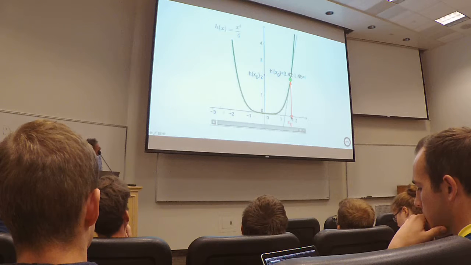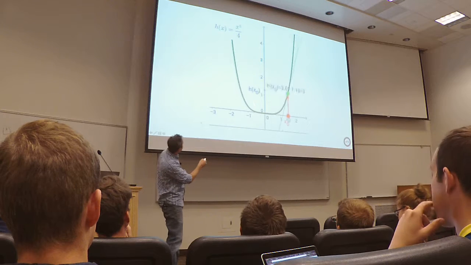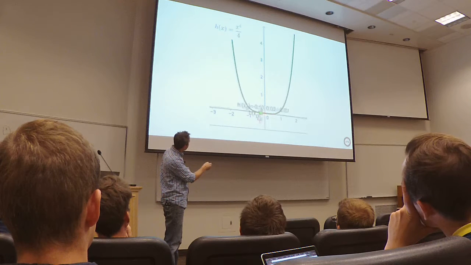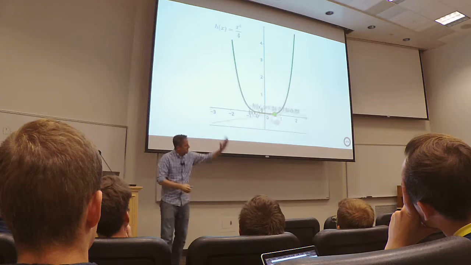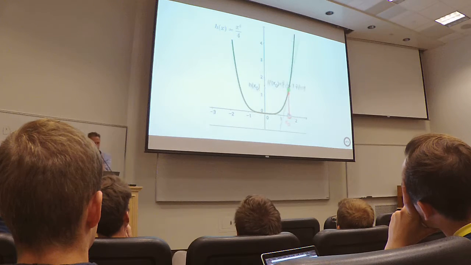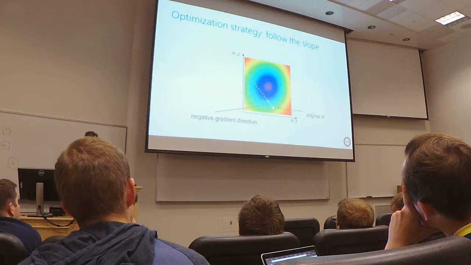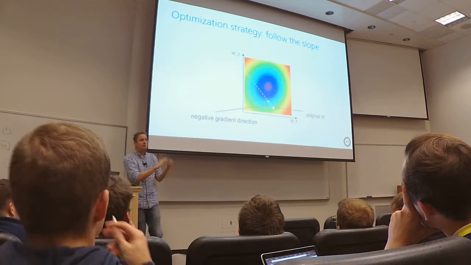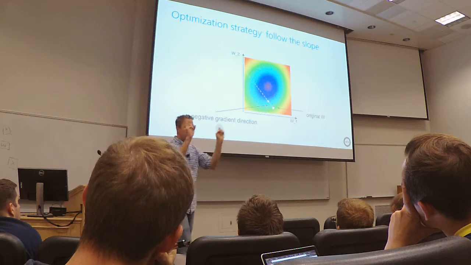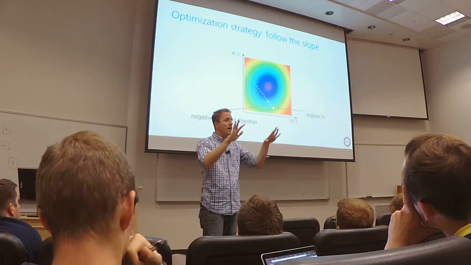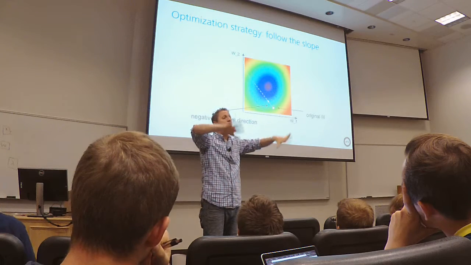So this is showing some random function, x to the fourth over 4. And this is showing what happens to the derivative as I move x around. You can see that this is the slope of the function at any point. And here's the same sort of thing except in 2 dimensions. Now imagine that we have a function of just 2 weights, W1 and W2, and color here represents the value of the loss function.